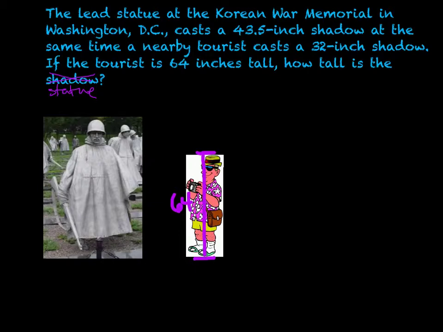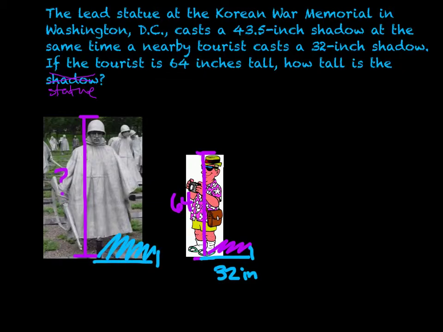And he casts a shadow that is 32 inches long. As well, we have this War Memorial statue, and we don't know how tall that is, but we do know the statue's shadow. It casts a shadow that is 43.5 inches long.